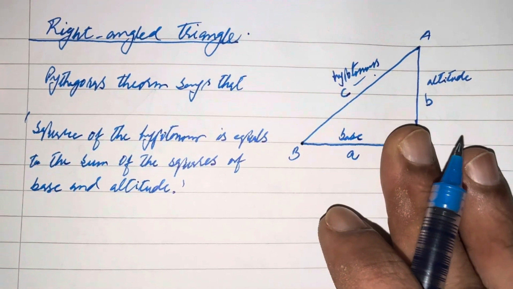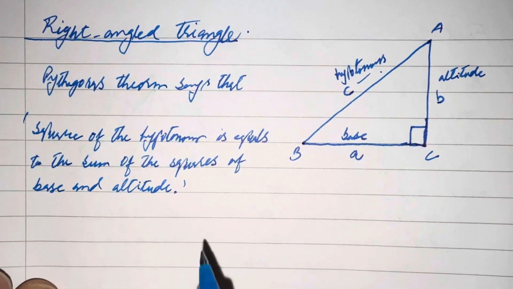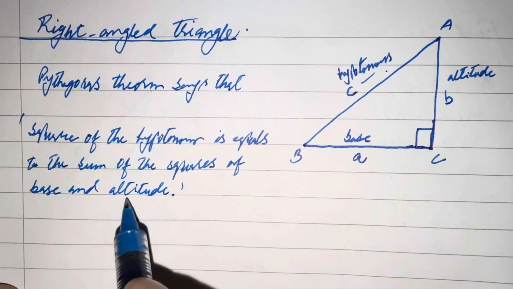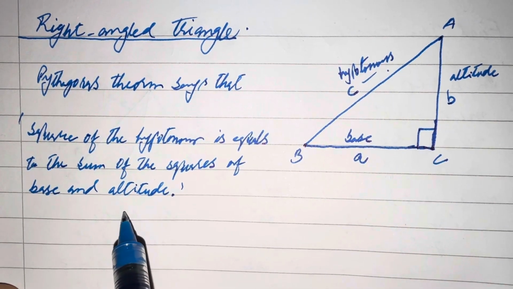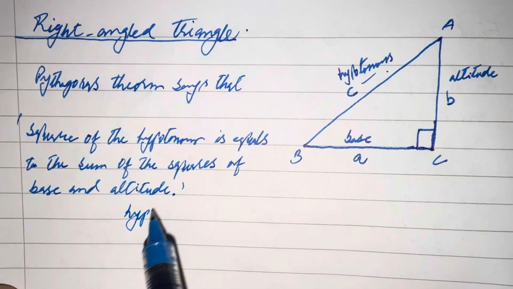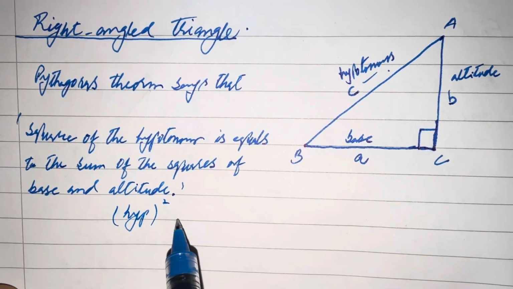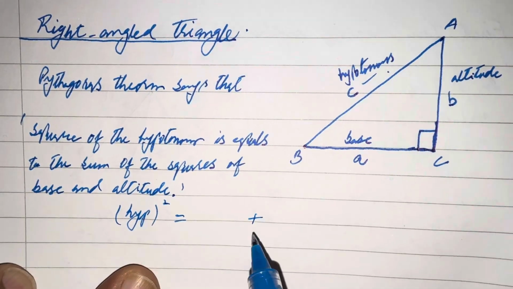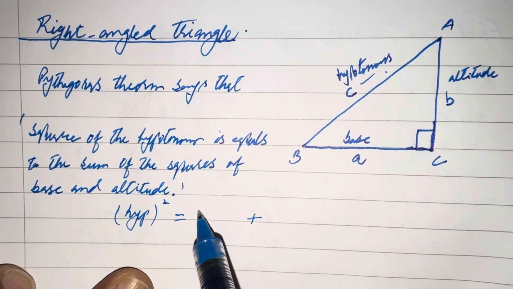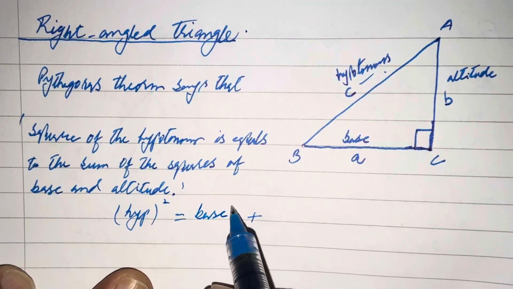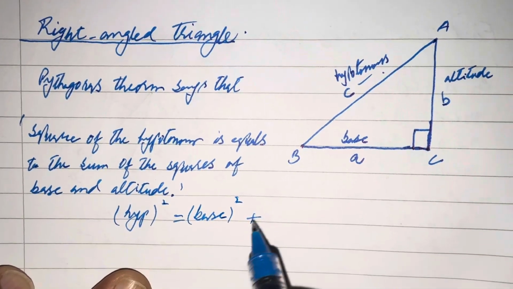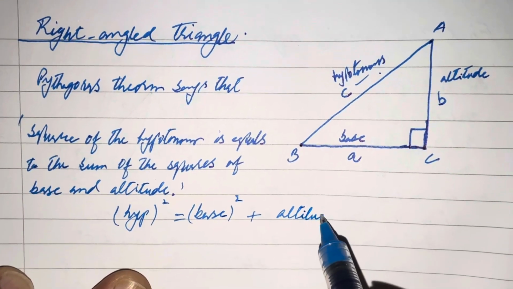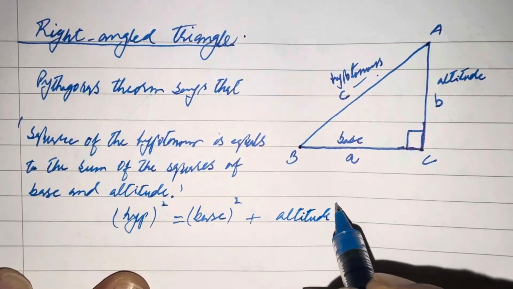If we write it in mathematical form, it will be written as square of hypotenuse is equal to sum of squares of base and altitude.